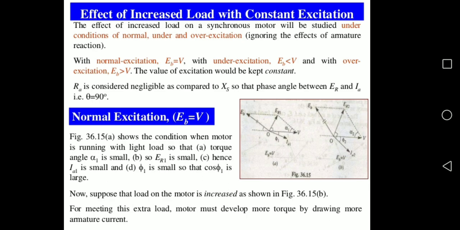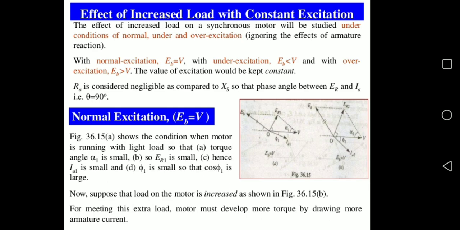The armature current equal to 0 is practically not possible because there are losses, even though load is 0. Okay, see in the figure 36.15, Eb equal to V shows the condition when the motor is running with a light loaded condition. When the load is light, at minimum load, the torque angle alpha is small.